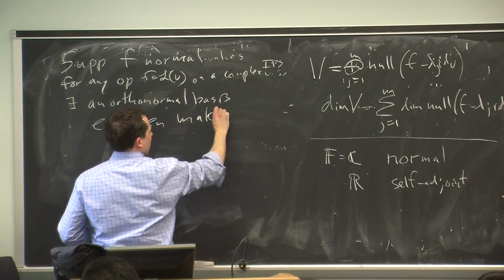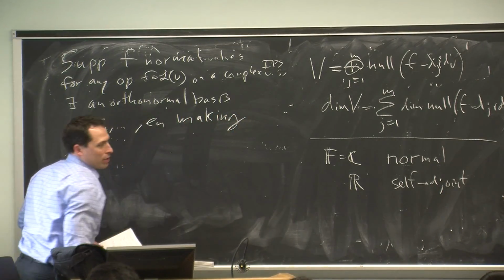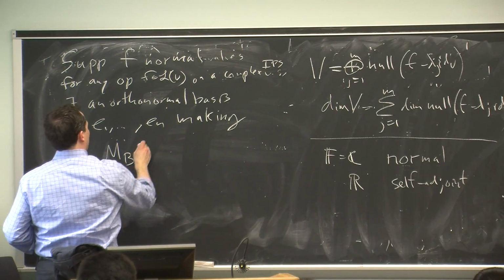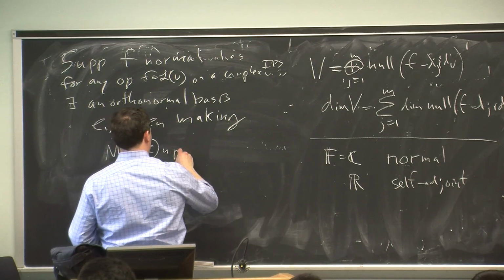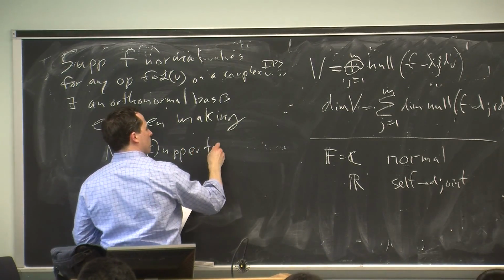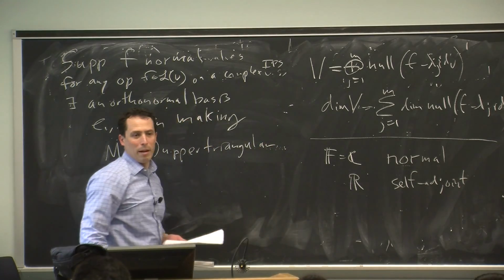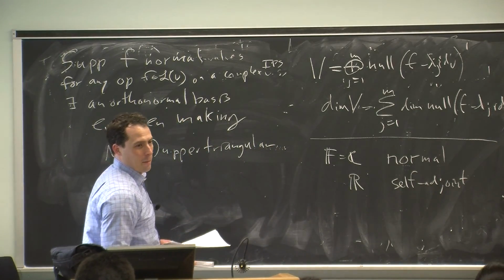We didn't have that it made it diagonal, but we were able to show that there's one that made its matrix upper triangular by using an arbitrary upper triangular matrix and then applying Gram-Schmidt, which preserves the nested subspace structure.